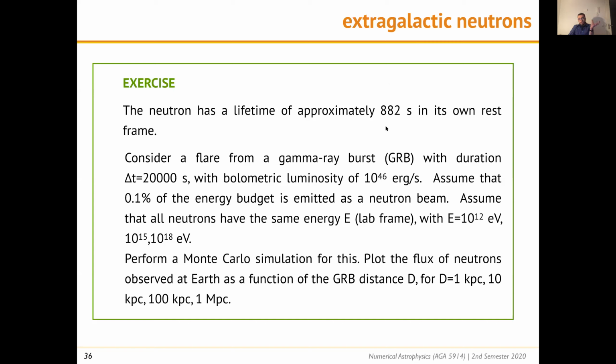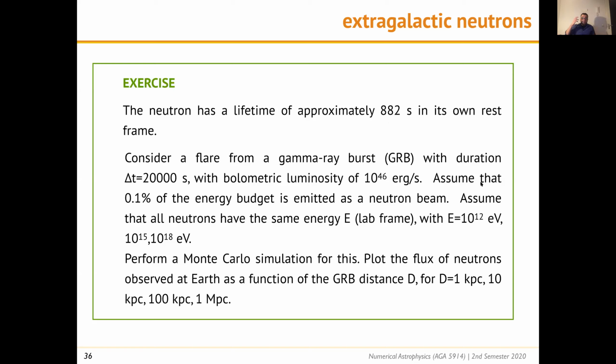This is not the objective, but it's an interesting example. So what I'm proposing to you is to consider this problem. We have a gamma ray burst with a given luminosity of 10 to the 46 ergs per second, out of which 0.1% of this energy goes into the neutron beam. But neutrons decay, as I told you. So the question is, how far can these neutrons go?